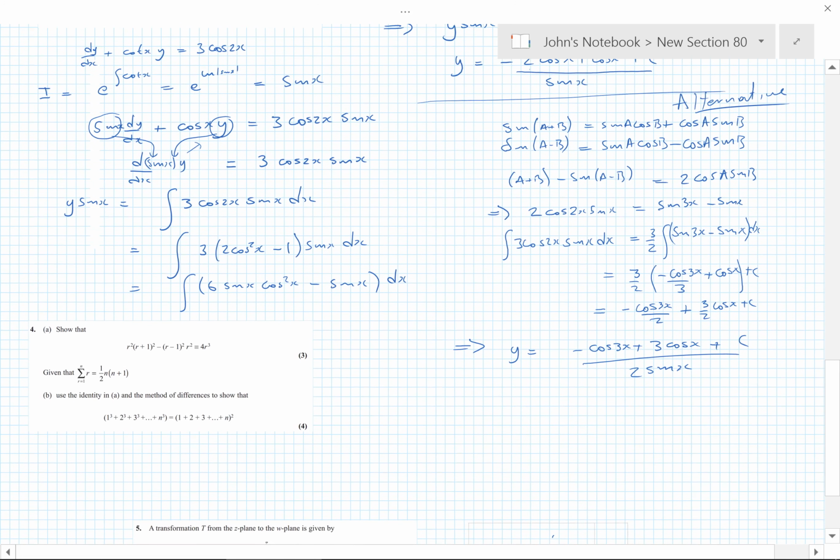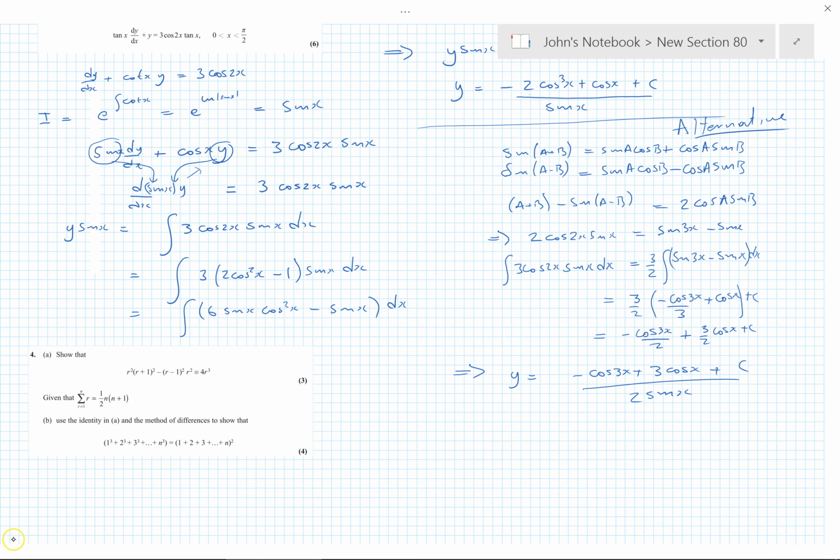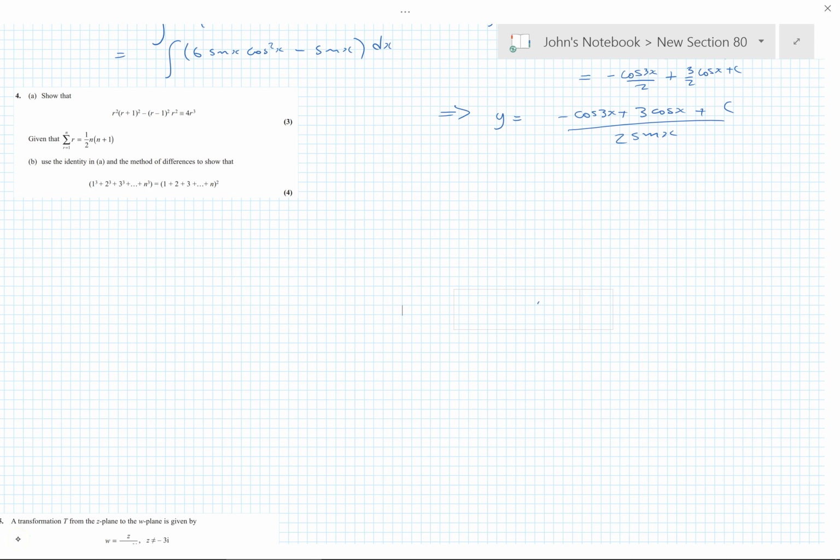Right, now let's go on to question 4. Must admit I really like question 4, part B. It's something a little bit different. This theorem here, there may be a name for it, I don't know, but it's quite a famous, well-known one in number theory, that the sum of the cubes individually is the same as the sum of the numbers all together and then squared.